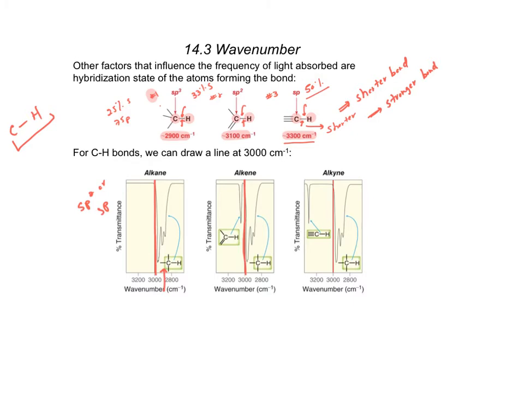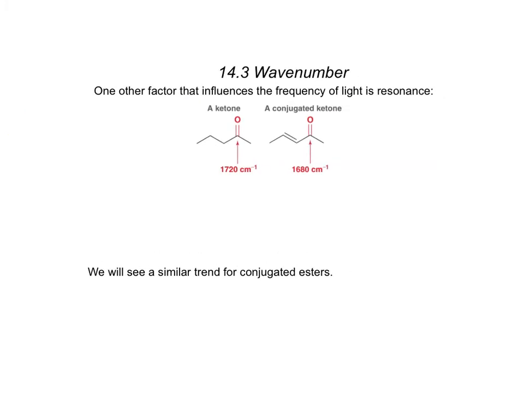Okay, so then actually one more thing that's going to affect this. So that's looking at carbon-hydrogen and what that can tell us, that region particularly of the spectrum. There is one other factor that's going to play a role in how we're going to interpret our IR spectrum and what wave number we're seeing absorbance at, okay? So let's imagine that we have a ketone, right?